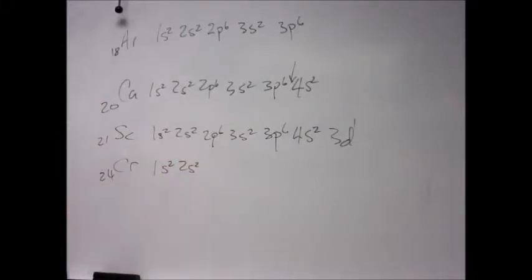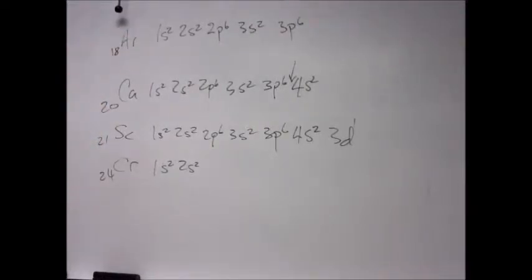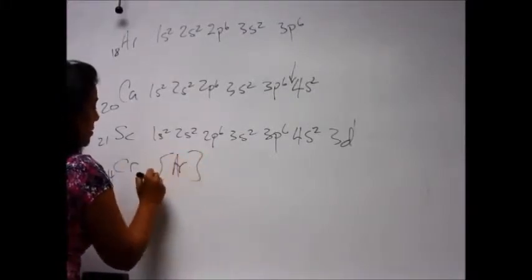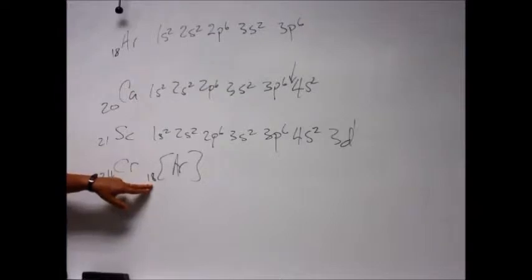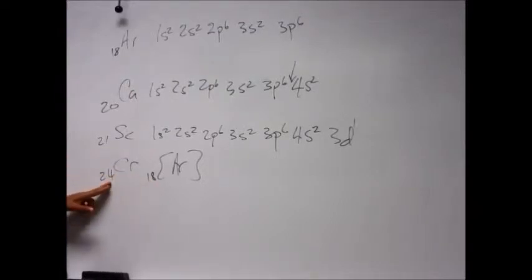You're like, I'm so done with 1s2. That's when you start using the noble gas configuration. So I'm going to start with argon, which takes care of 18 electrons. Always write the number of electrons here, so you know how many electrons have been taken care of. How many electrons remaining? 6 electrons remaining to be filled out.